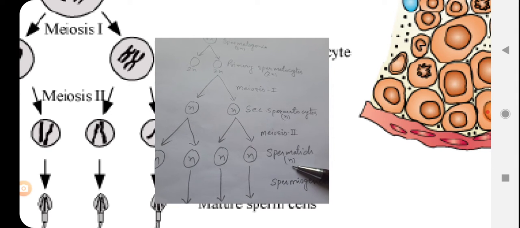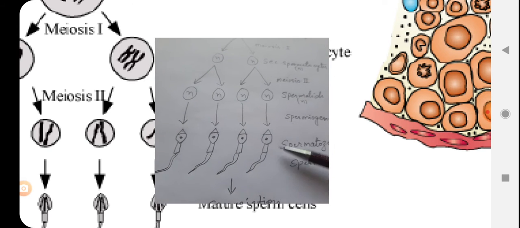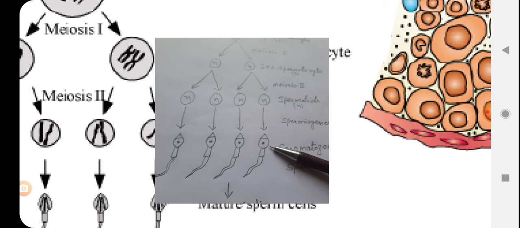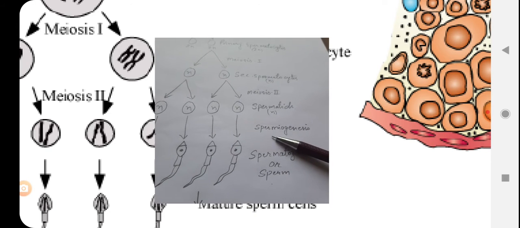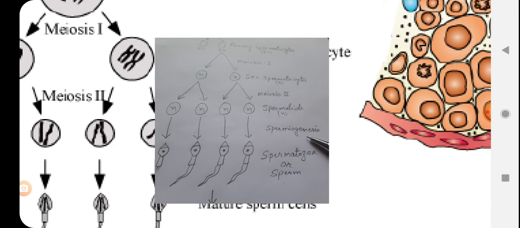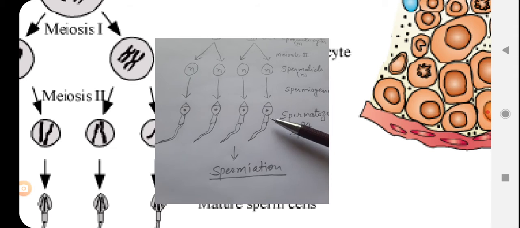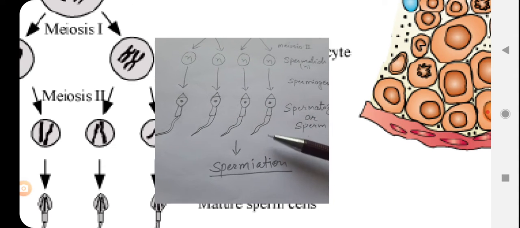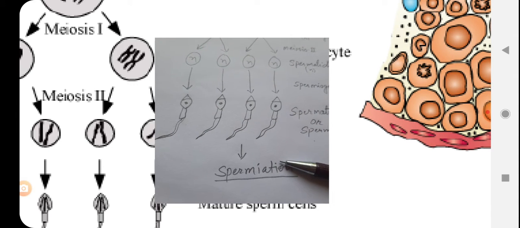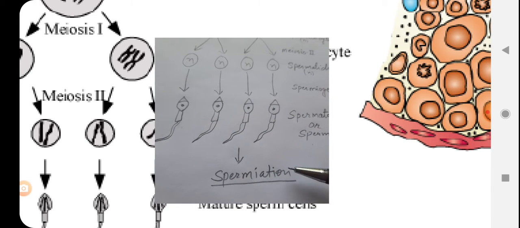These are haploid cells, and they are converted into spermatozoa by a process called spermiogenesis. Which process? Spermiogenesis. Spermatozoa or the sperm, and these spermatozoa are then released into lumen of seminiferous tubules, and it is called spermiation.